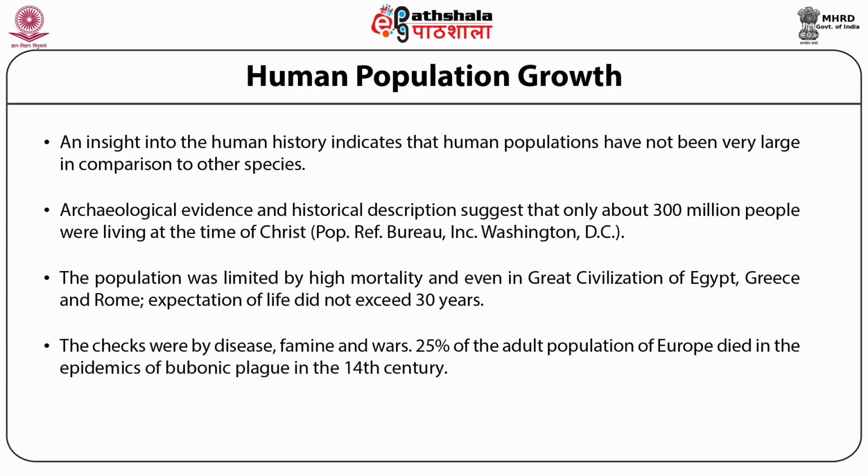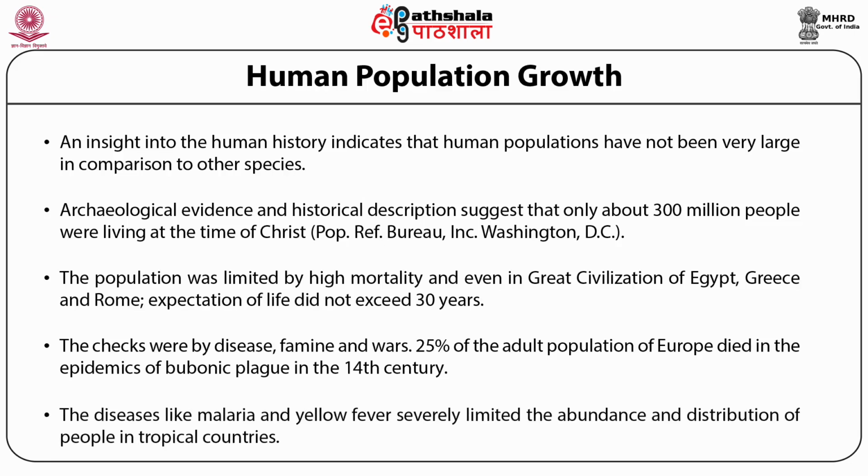Population checks were imposed by disease, famine and wars. About 25% of the adult population of Europe died due to epidemics of bubonic plague in the 14th century. Other diseases like malaria and yellow fever also limited the abundance and distribution of humans in tropical countries.